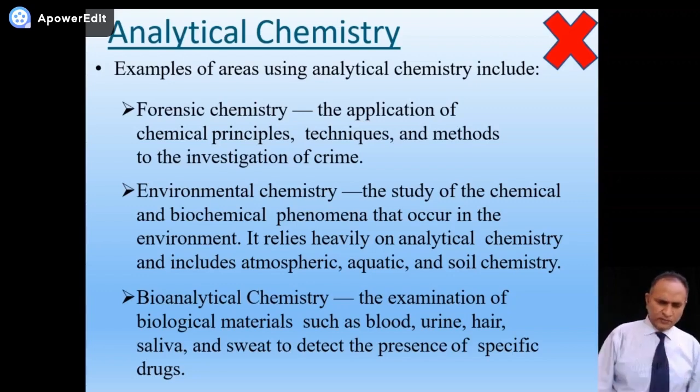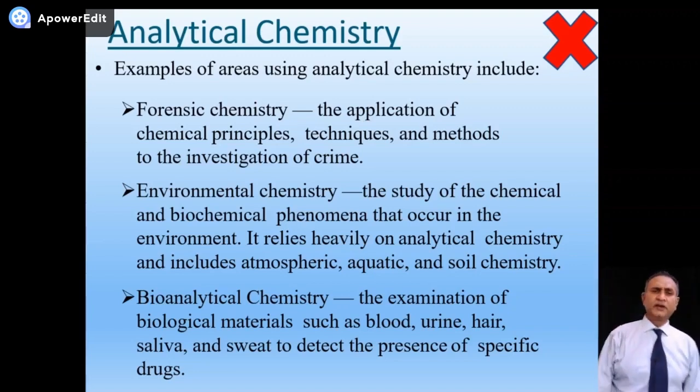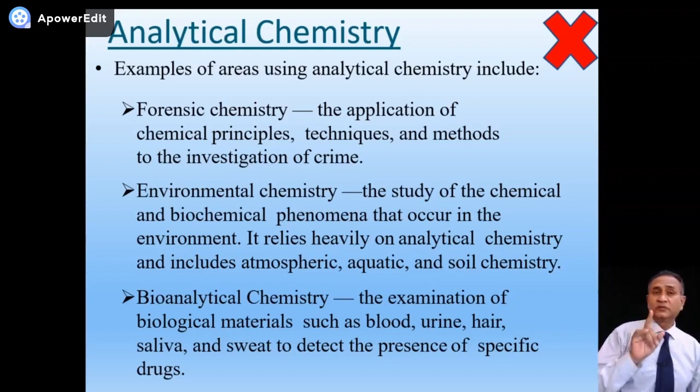Then bioanalytical chemistry is the examination of biological materials such as blood, urine, hair, and so on. It means simply a lab like Aga Khan lab or any other lab where different kinds of tests are done. This is also part of analytical chemistry. So analytical chemistry means the study of methods and techniques.